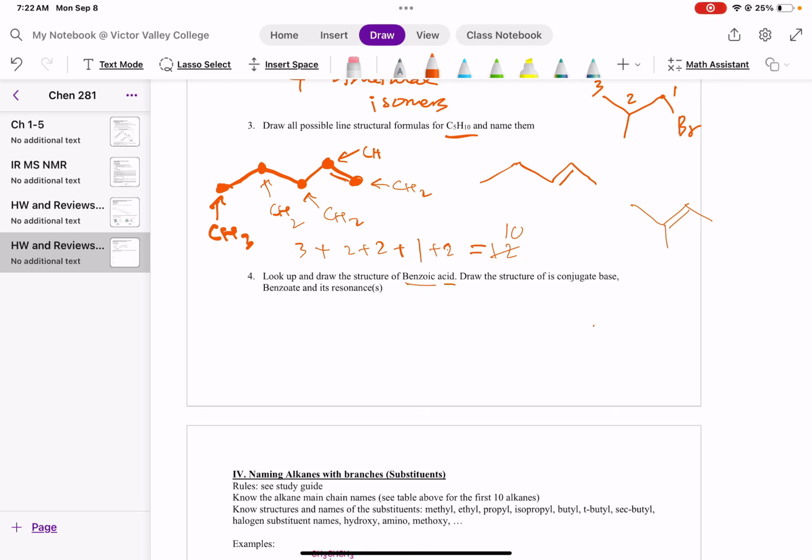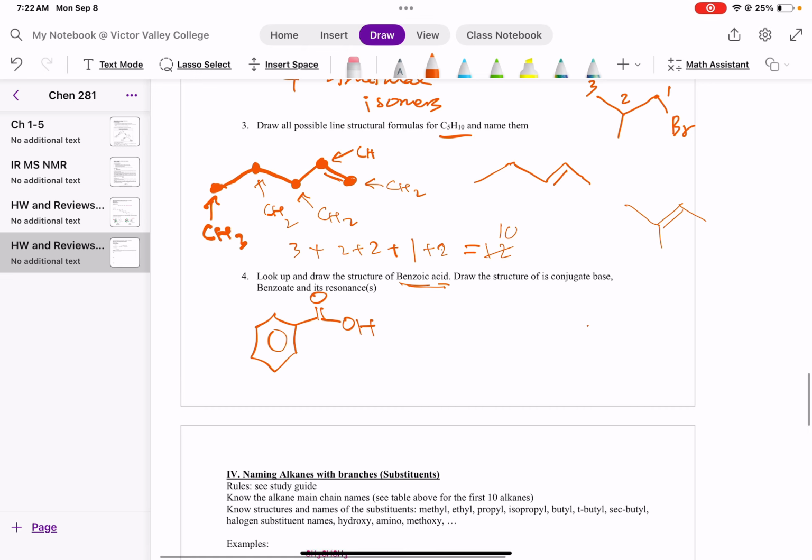Okay, benzoic acid. So if you look up the structure of benzoic acid, you can draw it like this. Double bond O, OH, that's benzoic acid. It's an acid, okay?